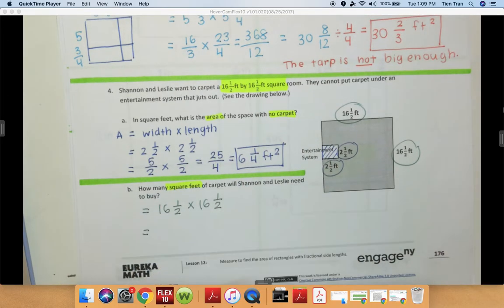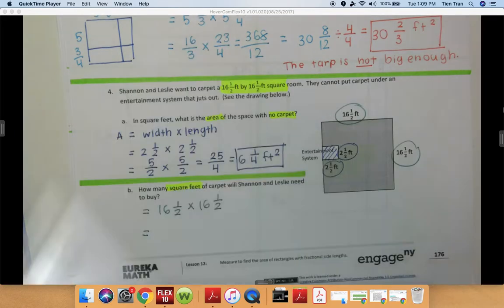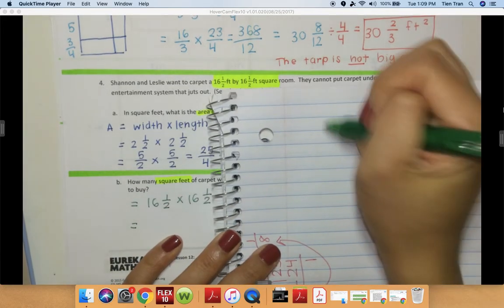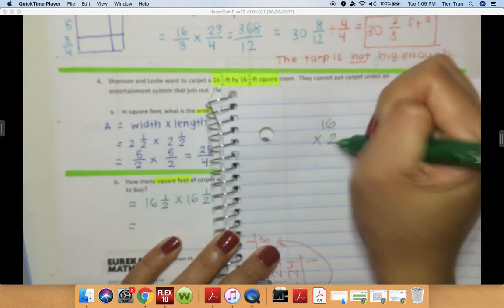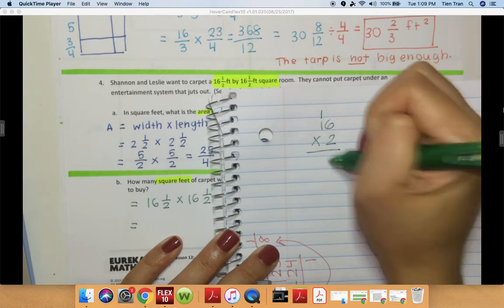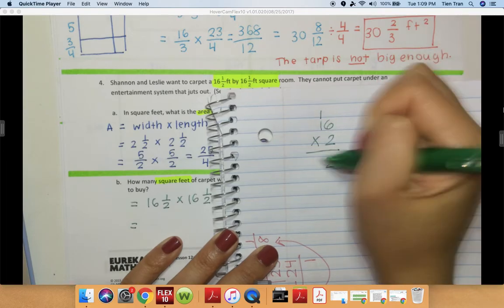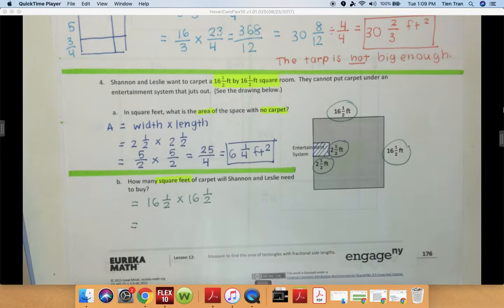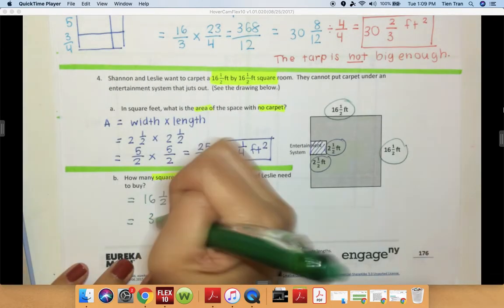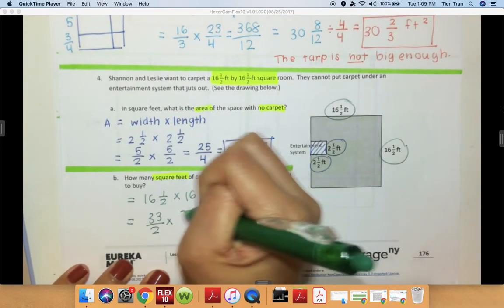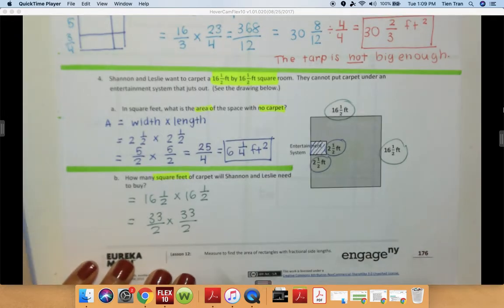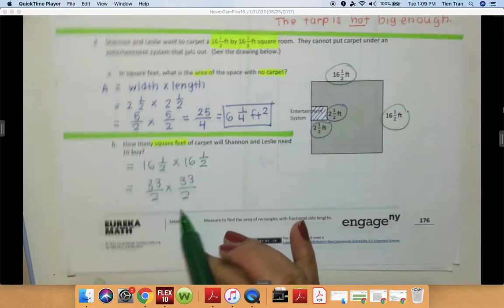Always want to show my work so you guys can see where these numbers are coming from. So 16 times 2: 6 times 2 is 12. 2 times 1 is 2, plus 1 is 3, so 32. And then I'm adding the 1 right here, which gives me 33. So I have 33 halves times 33 halves. The reason why is 16½ is the same as 16½, so the mixed number is also going to be the same.